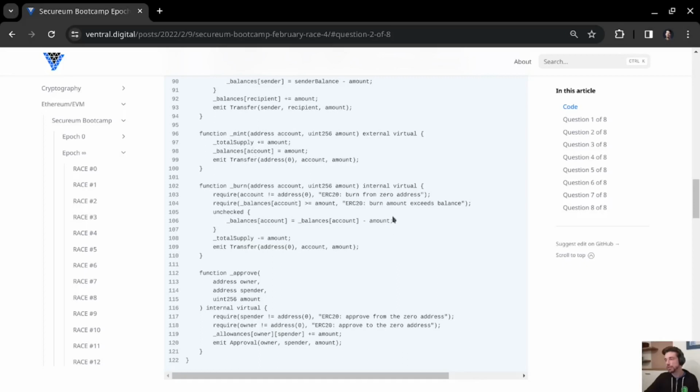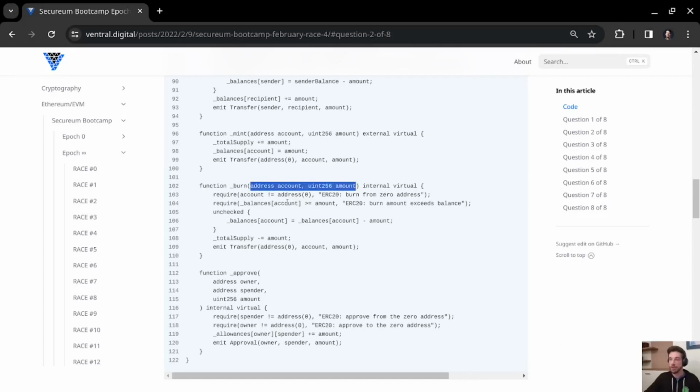Same is true for the burn action, so this should not be changed to external, it should remain internal. If something should be burned, then maybe there should be a public burn function, but maybe the message sender is only allowed to burn their own tokens, but not arbitrary tokens of arbitrary accounts.